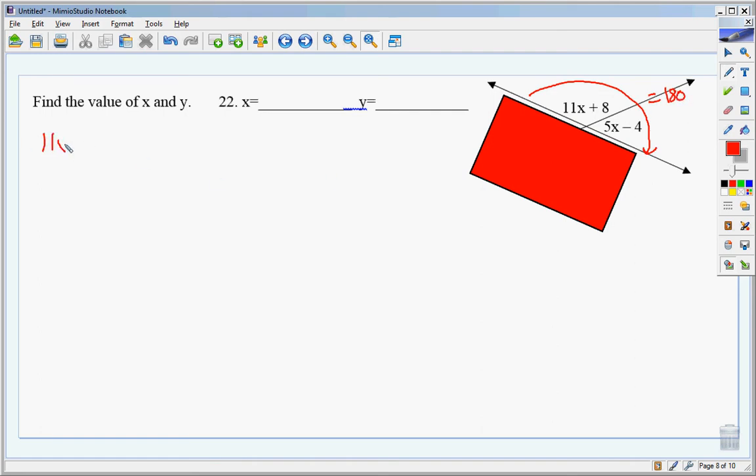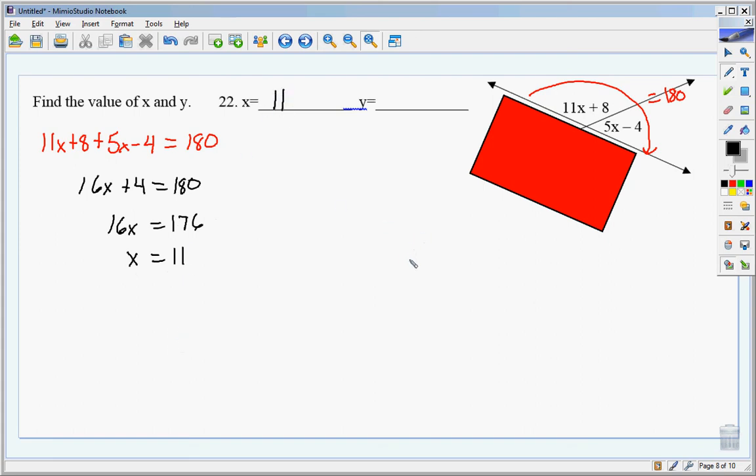So you'd take 11x plus 8 plus 5x minus 4 and set it equal to 180 degrees. We're going to solve this for x the same way we solve any algebraic equation. 11x and 5x is 16x. 8 and negative 4 is positive 4 equals 180. Subtracting 4 from both sides, 16x is equal to 176. And dividing both sides by 16, I'd get x is equal to 11.